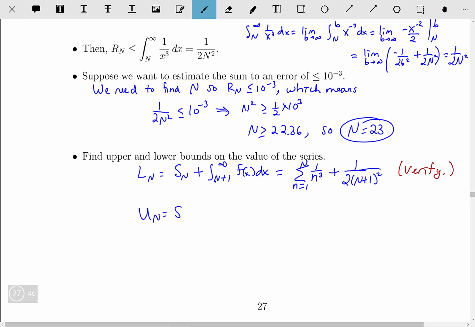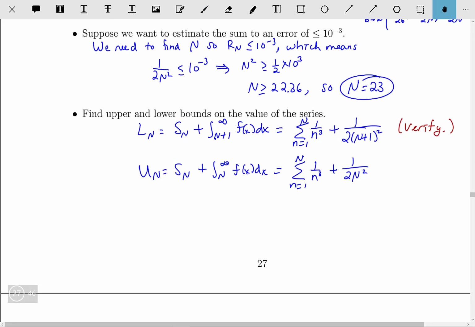And the upper bound is the capital Nth partial sum plus the integral from n to infinity, which we already calculated, so you can just believe me. So our nth partial sum, we're summing to capital N, 1 over n cubed plus 1 over 2n squared.